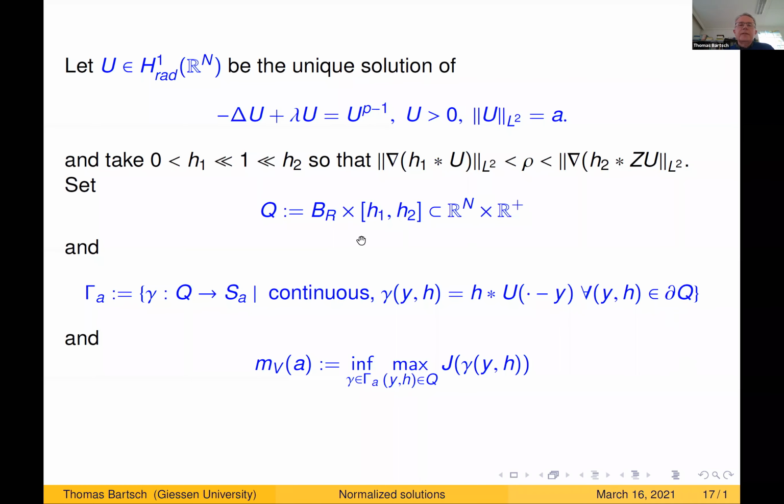So you see, this is kind of an n+1 dimensional linking. Of course, the result will be that this actually is a critical value. The corresponding critical point u will then have Morse index n+1 as a critical point of J constrained to the L2 sphere.